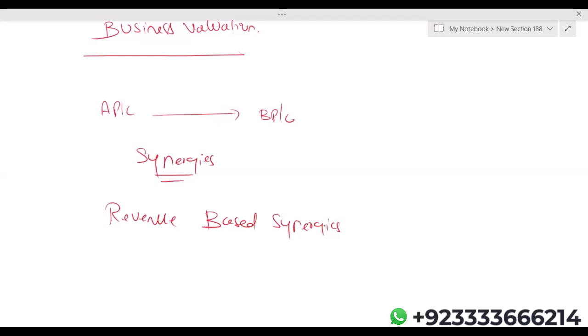But due to the concept of revenue-based synergies, if they become one company and work together, they will have a revenue of more than 15 million. That is revenue-based synergies.